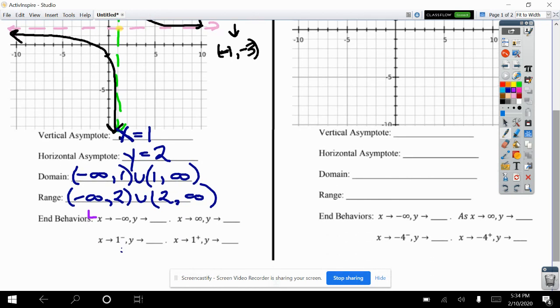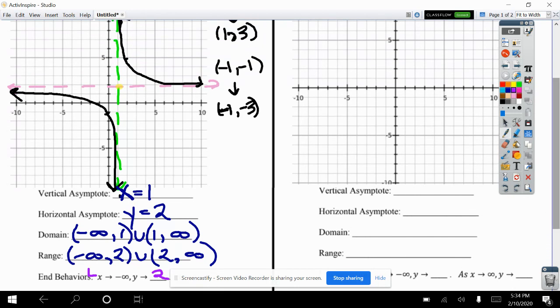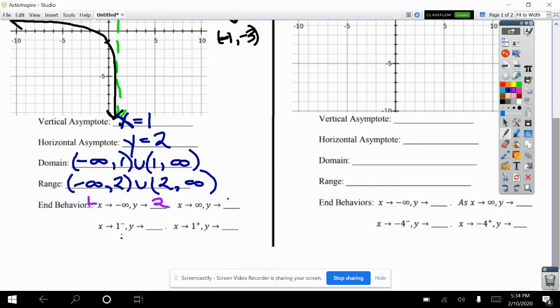So my y value is approaching 2. And this should always be on the left and the right side of your graph. You're always going to be approaching whatever your horizontal asymptote is. And then to the right side, as you can see, same thing. Y is getting very close to 2.